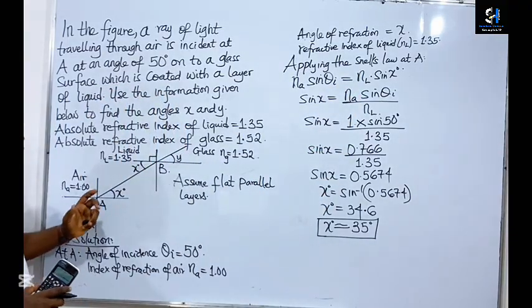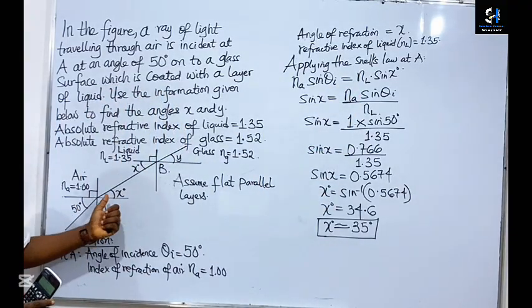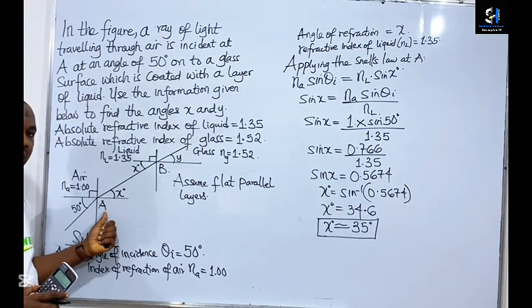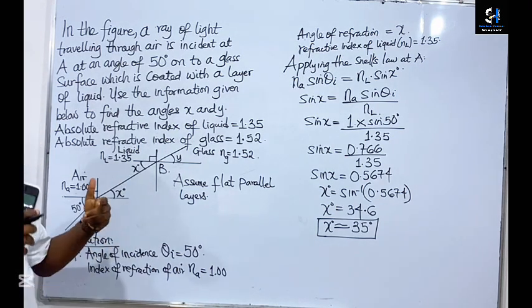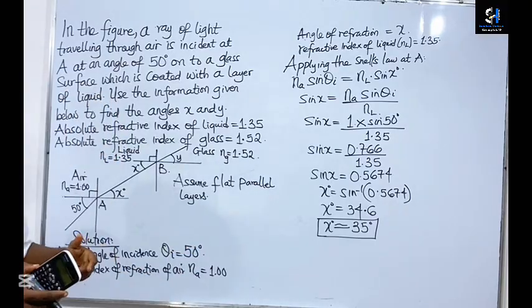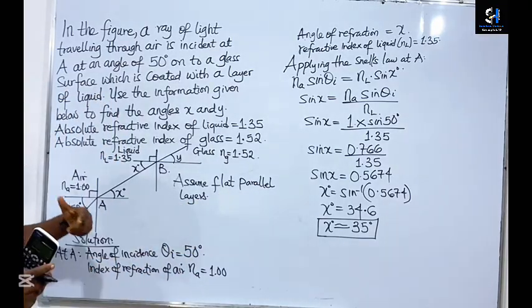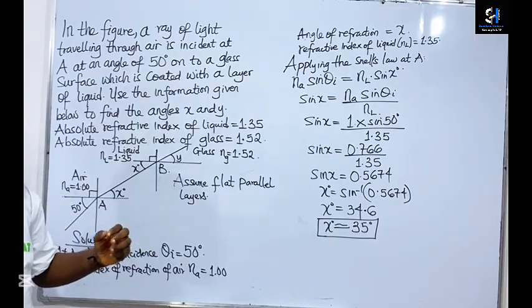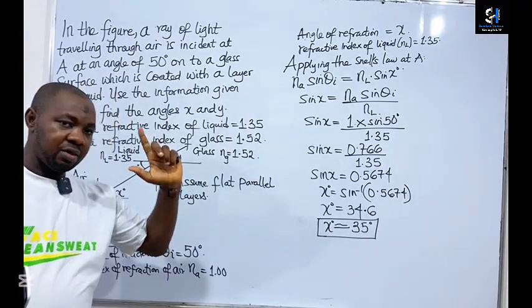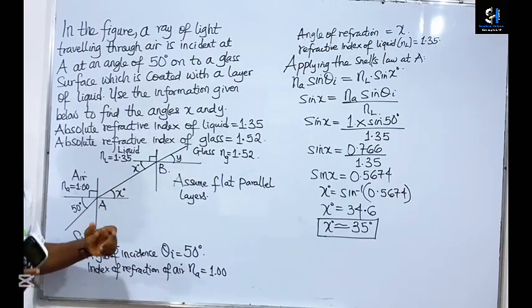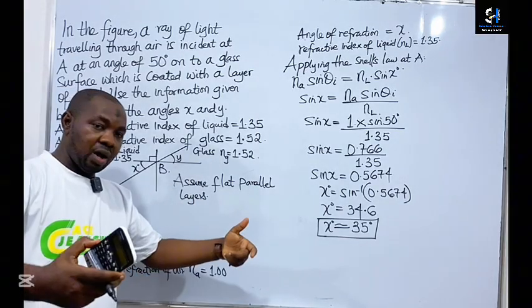Now, the angle of refraction at A will equal the angle of incidence at B, because we have parallel layers. Just like one of the theorems in plane triangles, this is an interior alternate angle.